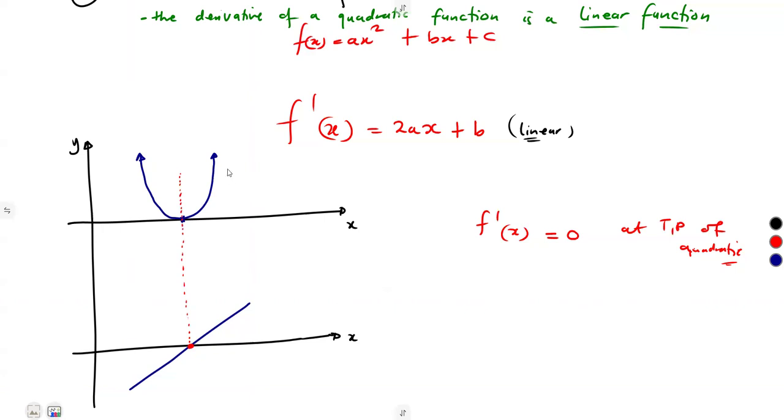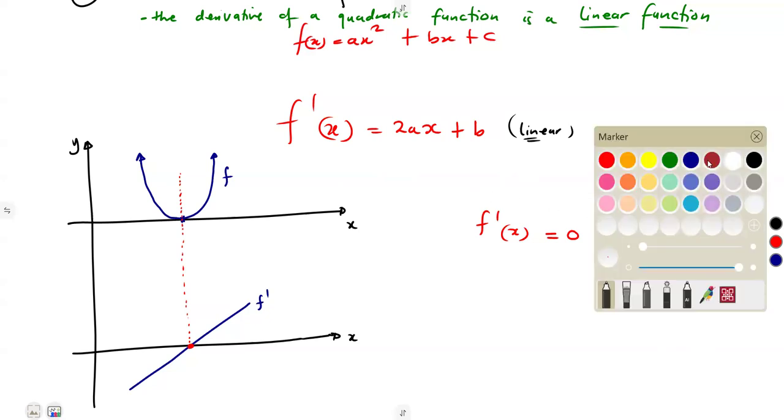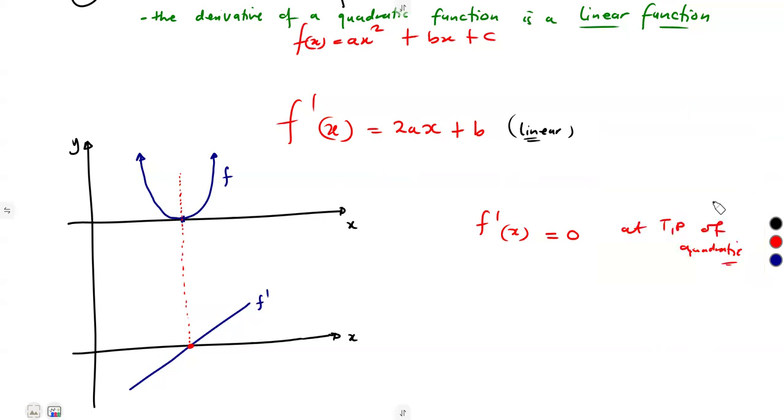This is the graph of f. This is its derivative. It becomes a linear. So it's the same when it is concave down. We are going to have a line with a negative gradient. So what I want you to notice here is that at the turning point, the first derivative is equal to 0.